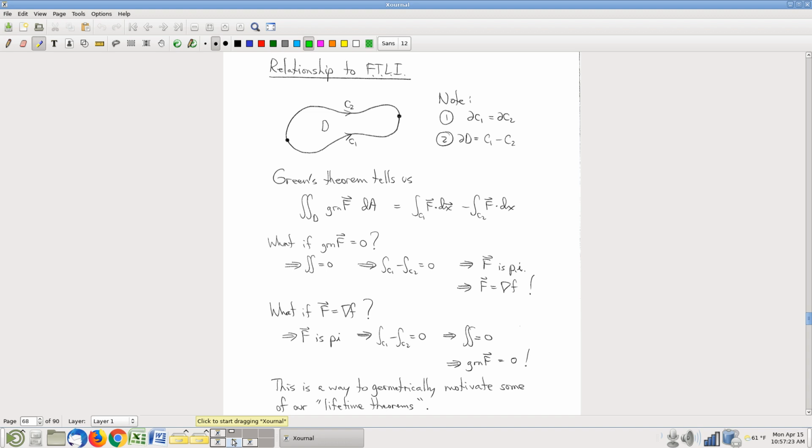The way we made that connection is we observed that if you take this region here and look at its boundary, at that point and that point, you can think of that boundary curve as being broken up into two chunks. And it's not hard to persuade yourself that Green's theorem just says this, in the context of that picture as I've drawn it there.